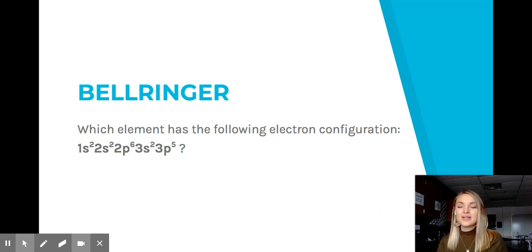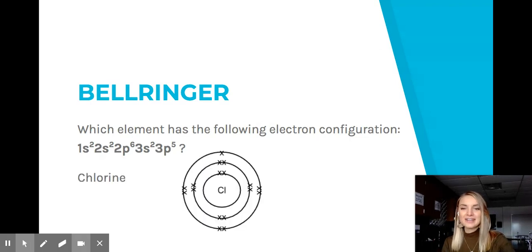We'll start off with a good bell ringer from yesterday's lesson. Which element has the following electron configuration? 1s2, 2s2, 2p6, 3s2, 3p5. Hopefully, you are able to say that that is chlorine. If you draw that out in a Bohr-type model, this is what it should look like.